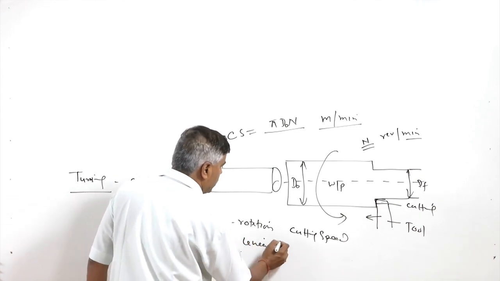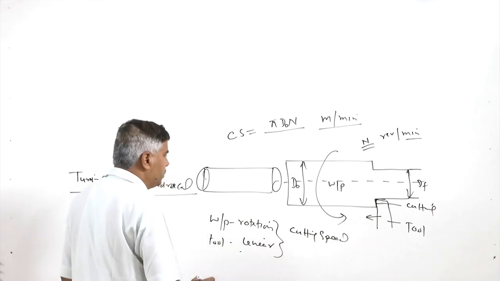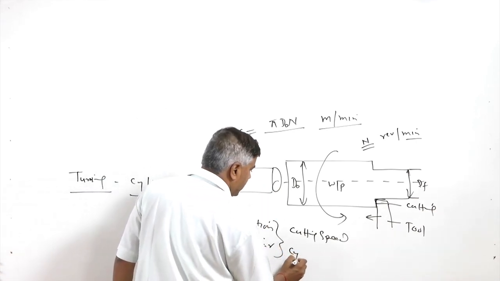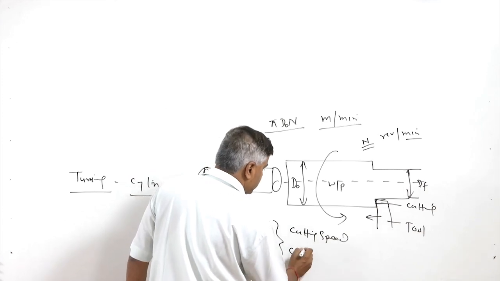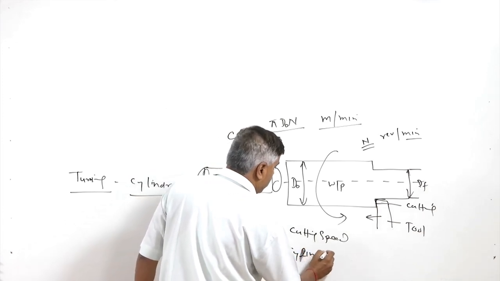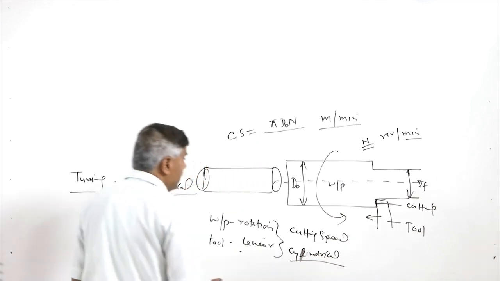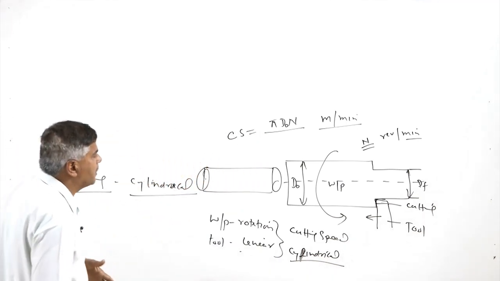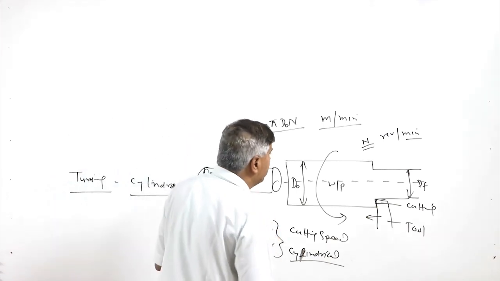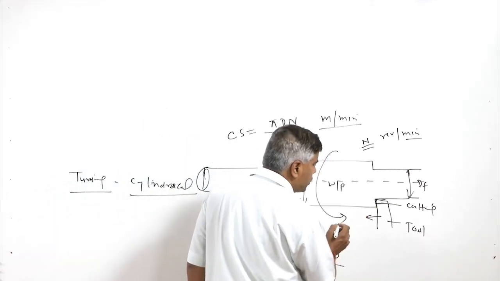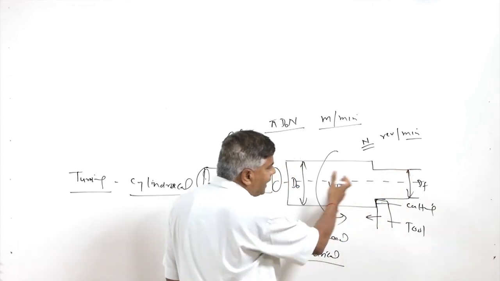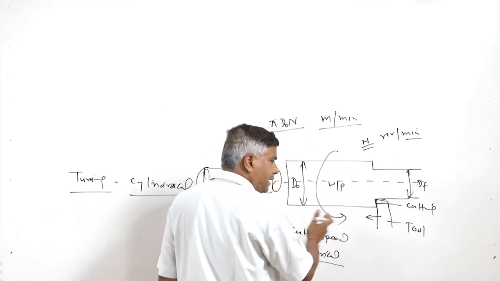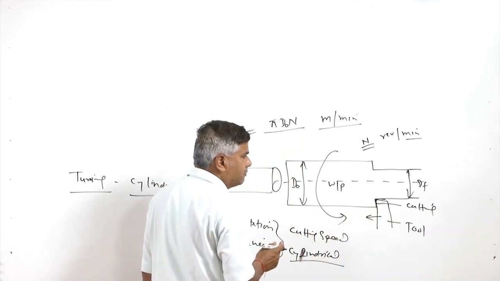So, when a combination of these two is utilized in the turning process, it results in a cylindrical shaped product. Similarly, in different machining processes, different kinds of movements are given. For covering the entire length of the workpiece, we need to move the tool linearly, parallel to the axis of the workpiece.